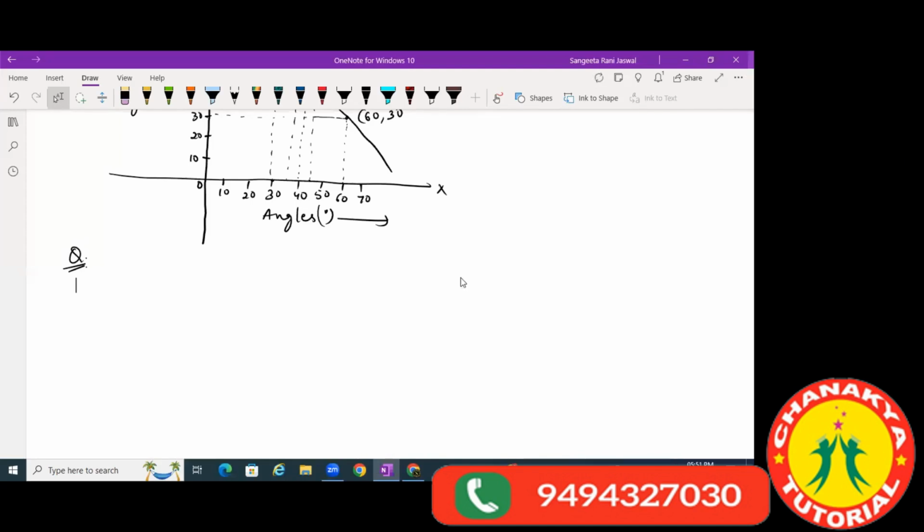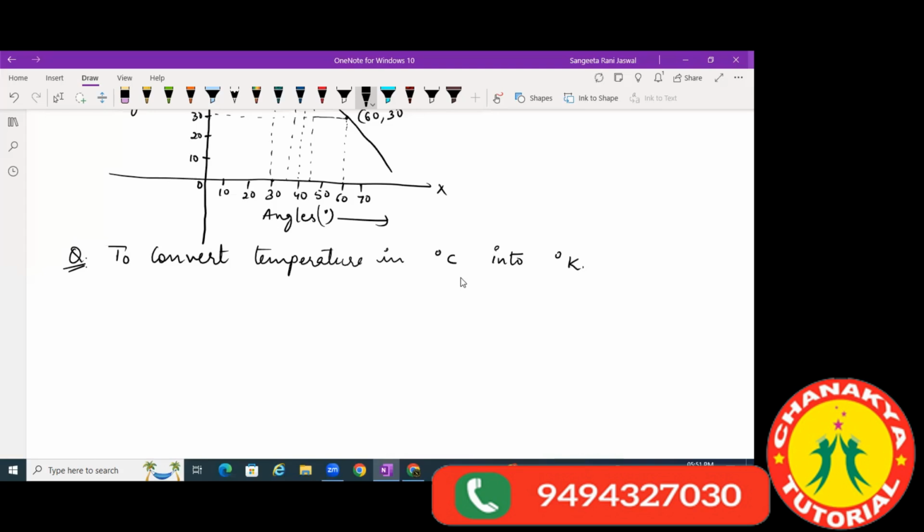Okay, let's take another question. Please write down: to convert temperature in degrees Celsius into degree Kelvin.